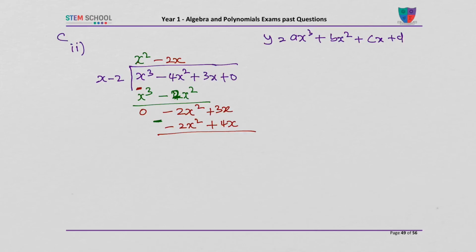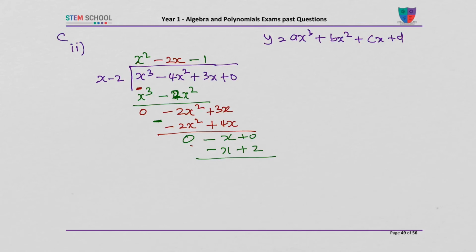Minus 2x squared minus minus 2x squared will become 0. 3x minus 4x is minus x. What can I multiply x by to get minus x? Minus 1. Minus 1 times x is minus x. This is plus 0, bring it down. Minus 1 times minus 2 is plus 2.